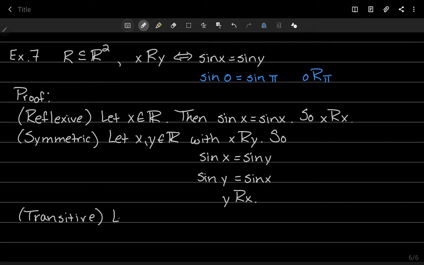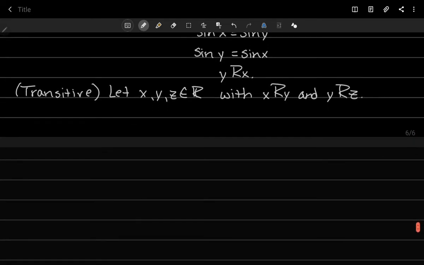Transitive. We need to let x, y, and z be real numbers with x related to y and y related to z. All right. So here we go. We have sine of x equals sine of y, and we get sine of y equals sine of z.